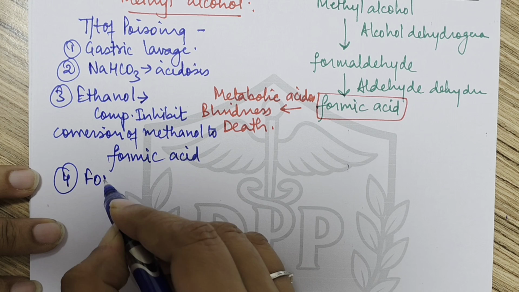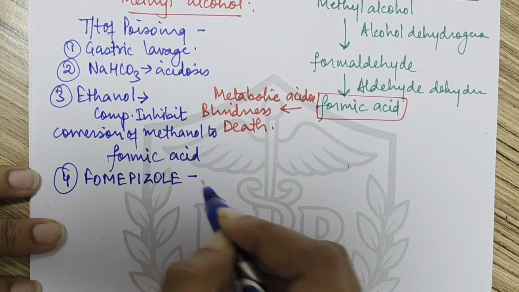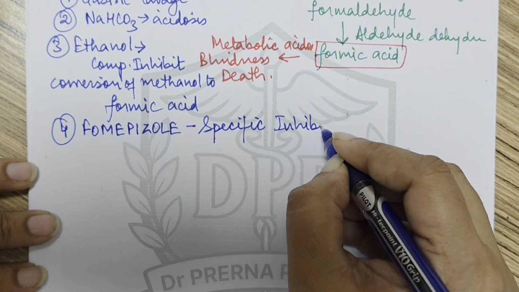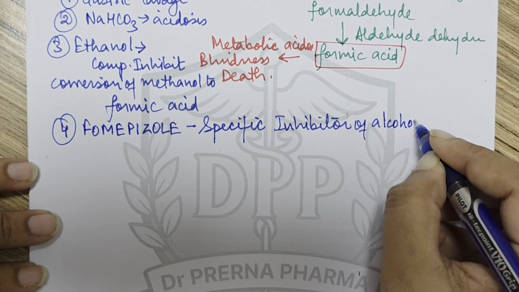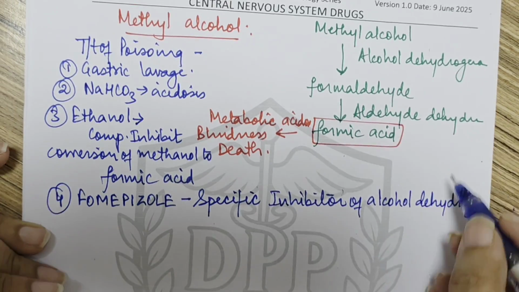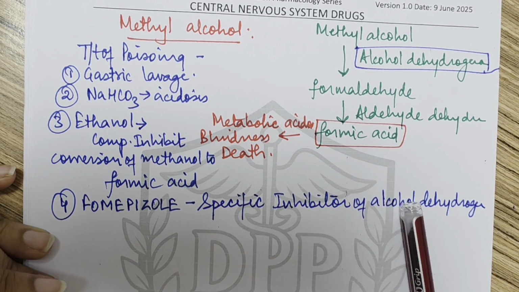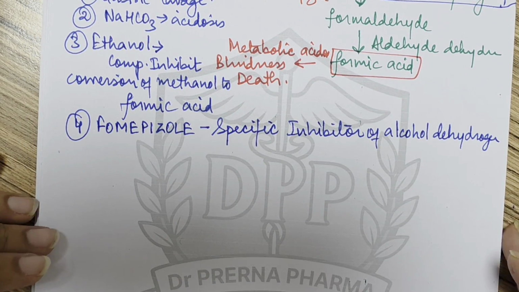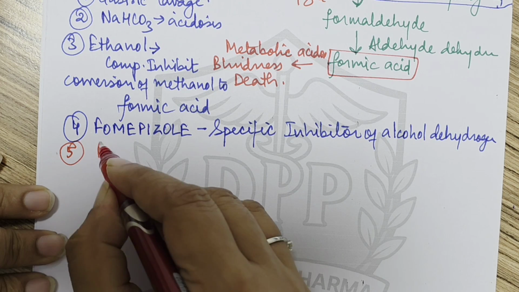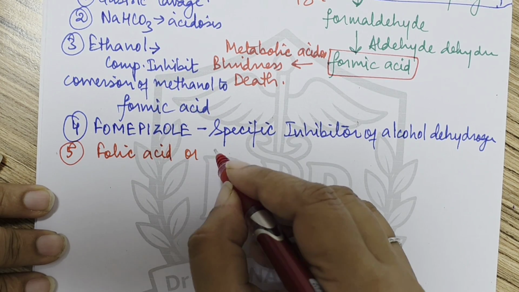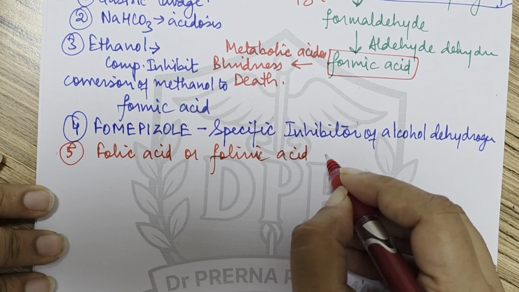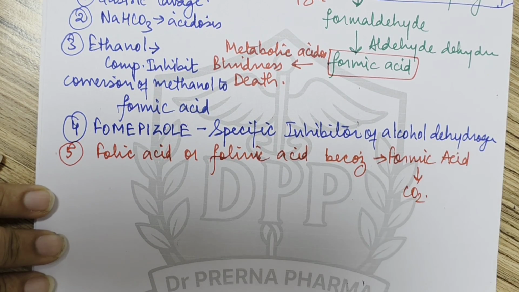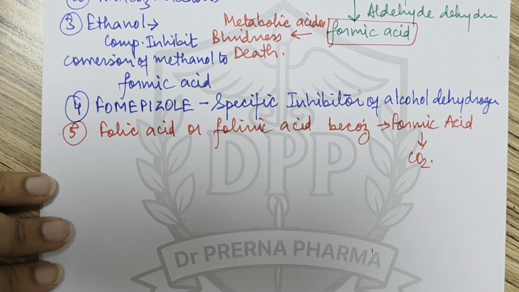And the fourth drug that we have is fomepizole. So this fomepizole, it is a specific inhibitor of alcohol dehydrogenase. So this alcohol dehydrogenase is inhibited by fomepizole, and so the metabolism of methanol is inhibited. So this fomepizole is given. Lastly, you can also use folic acid, or you can use folinic acid, because they will convert formic acid to carbon dioxide. So the toxic metabolite will also be inhibited or removed.